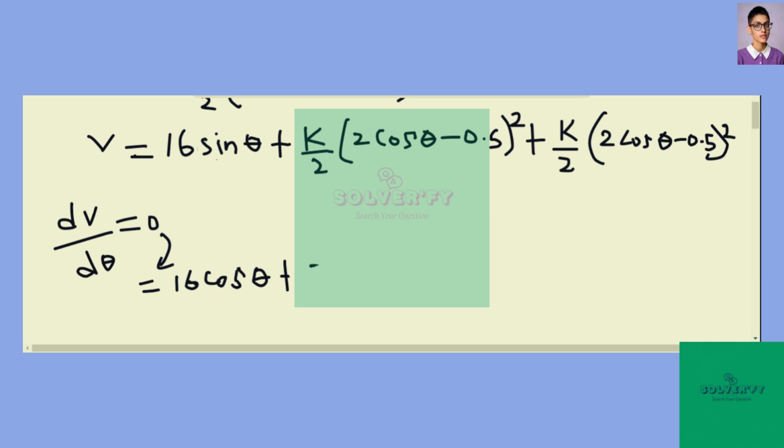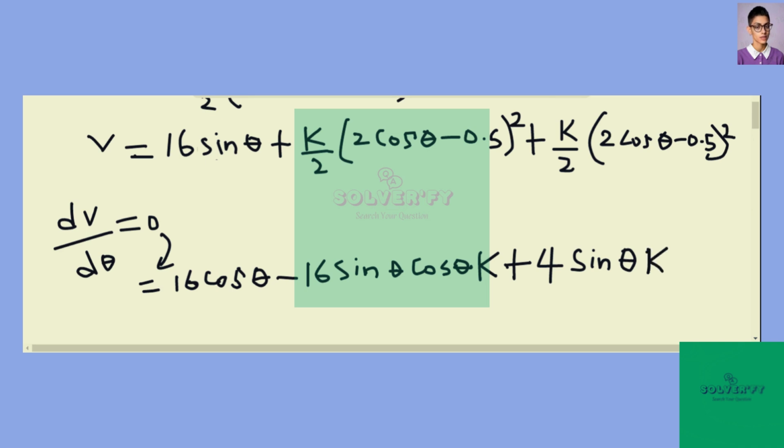So let's just solve everything out at once. The 16 cos theta minus 16 sin theta cos theta k, plus 4 sin theta k, equal to 0. Remember that we should equate it to 0.